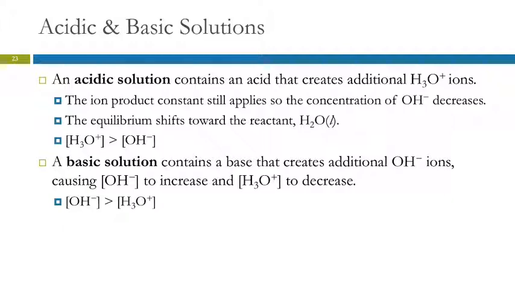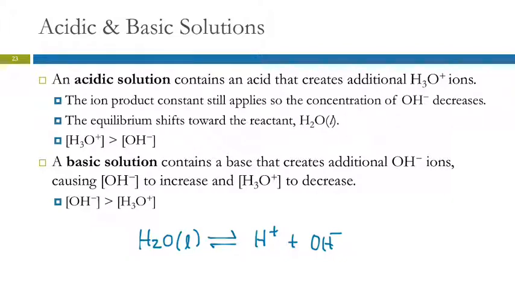Well, we had that, I'm going to write it out here because it's helpful to see it. So we had this equilibrium, right? And so we've added an acid which creates a bunch of extra hydronium ions. Well, if we're adding hydronium ions to this equilibrium, what would Le Chatelier say?